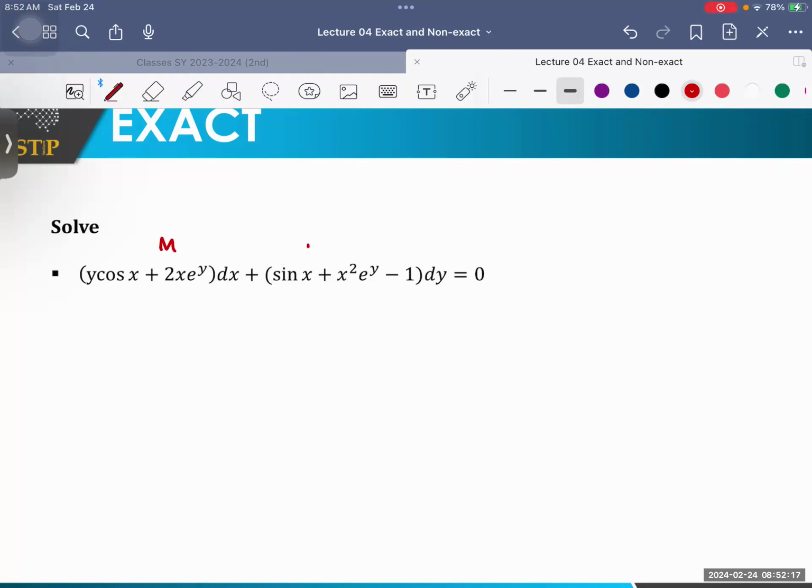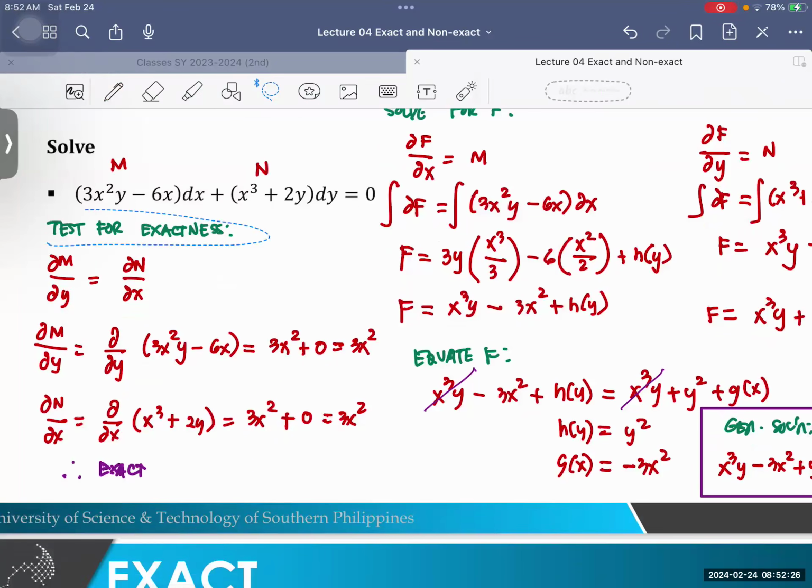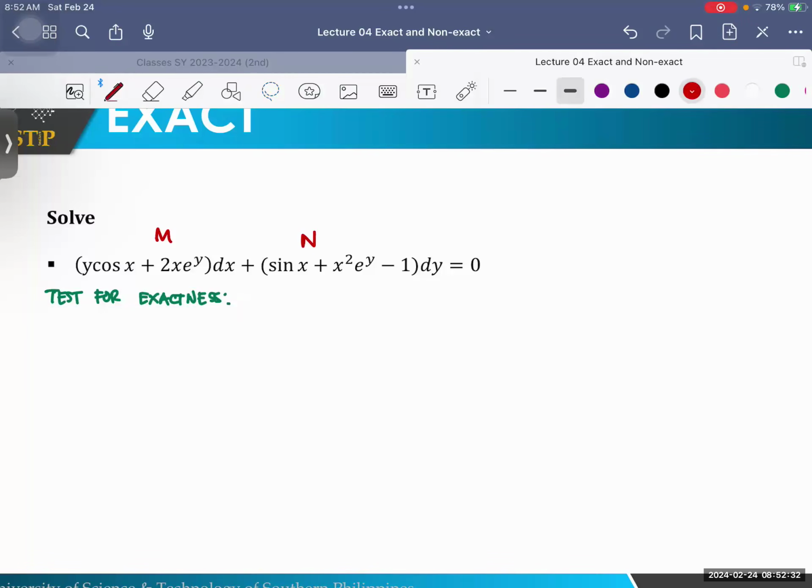This is M, this is N. So, we test for exactness. I will copy it, class. Okay, test for exactness. So, that is the partial derivative of M with respect to y. Directly, class, M is y cosine x plus 2x e to the y.